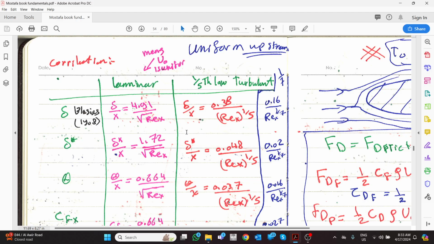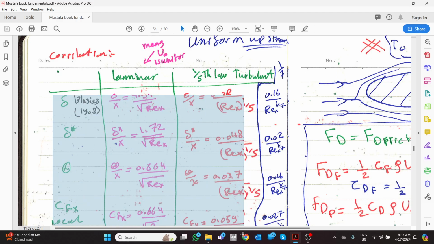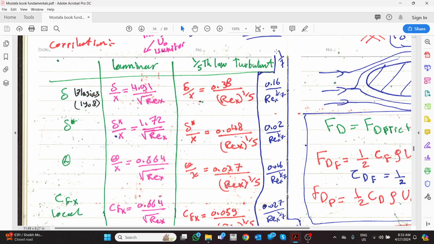It is done experimentally, how much we'll get. So you are going to decide whether to follow the seventh law for turbulent flow, or the fifth law for turbulent flow. For laminar, it is laminar.